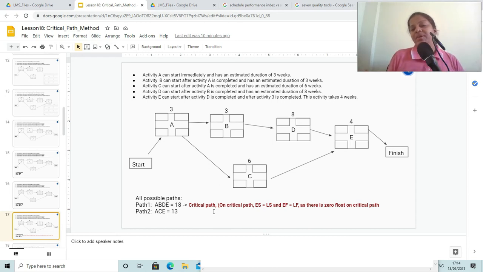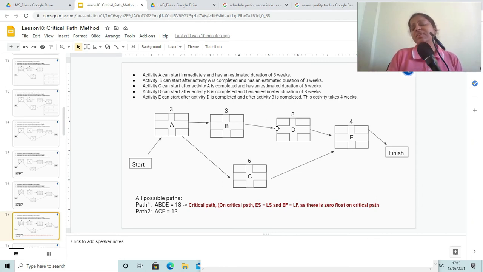We form a network diagram, and from the network diagram we first find out the different possible paths, and the longest path that you get is the critical path, and that is the project duration. And each of the activities on critical path, they have zero float, and we are going to understand what is float in our upcoming session.